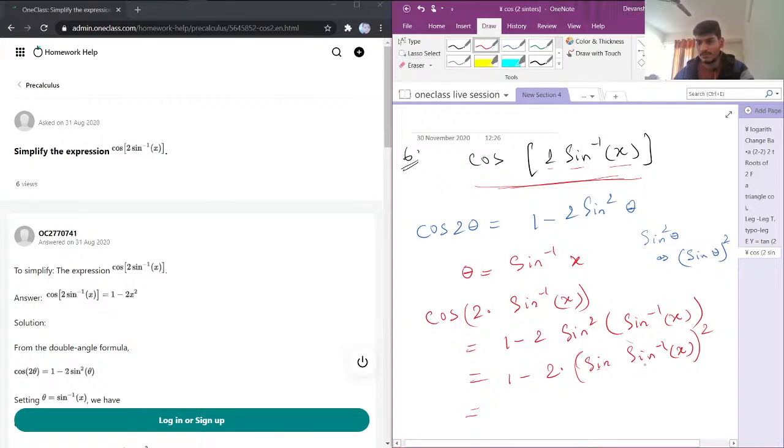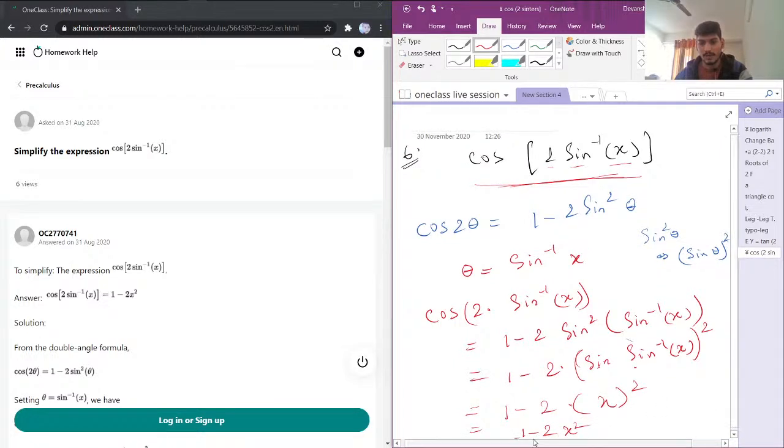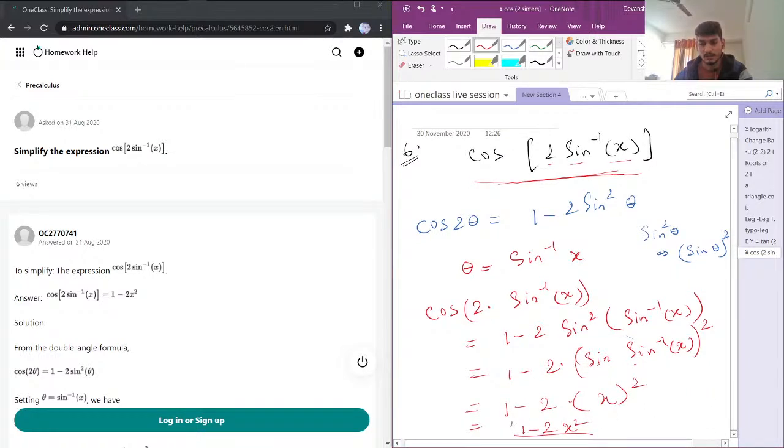So sine of sine inverse of any number is basically the number itself. So I will have 1 minus 2 times x whole square, which will be equal to 1 minus 2 times x square, and this is my answer.